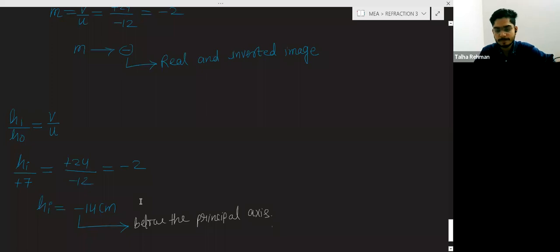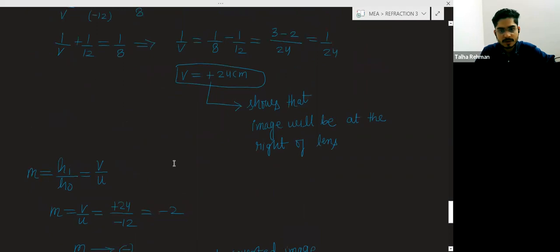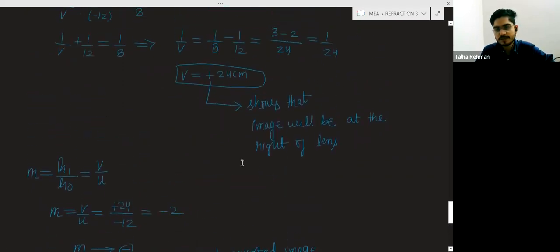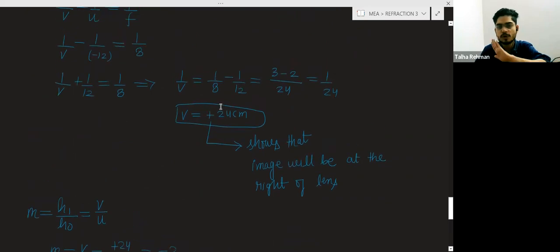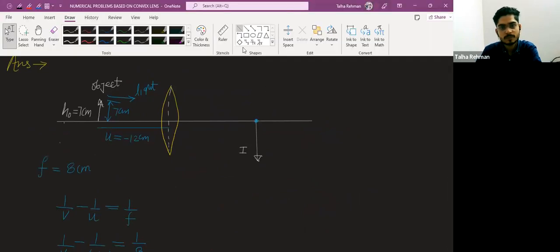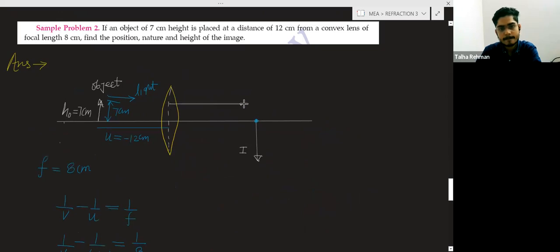So height of the image is minus 14, and the image is real and inverted. This is the nature of the image, and this is the position of the image. So all things I have calculated. Your image will be at a distance of 24 centimeters. Okay, note it down, all of you.